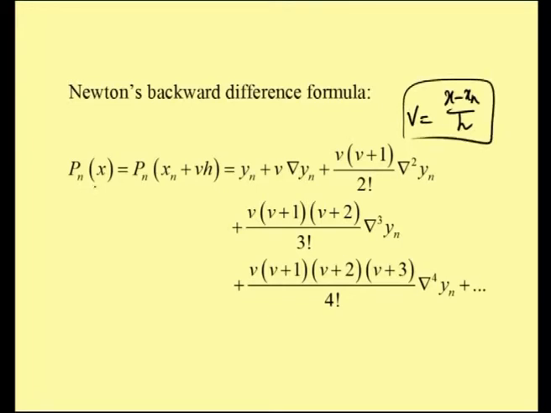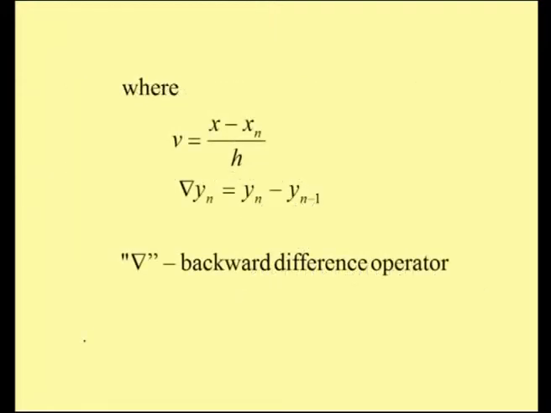So that Newton's backward difference formula is Pn of x is equal to Pn of xn plus v h, yn plus v into nabla yn plus v into v plus 1 by 2 factorial into nabla square yn plus v into v plus 1 into v plus 2 by 3 factorial nabla cube yn plus etc., where v is x minus xn by h and xn is the last x value, and nabla yn is yn minus yn minus 1.